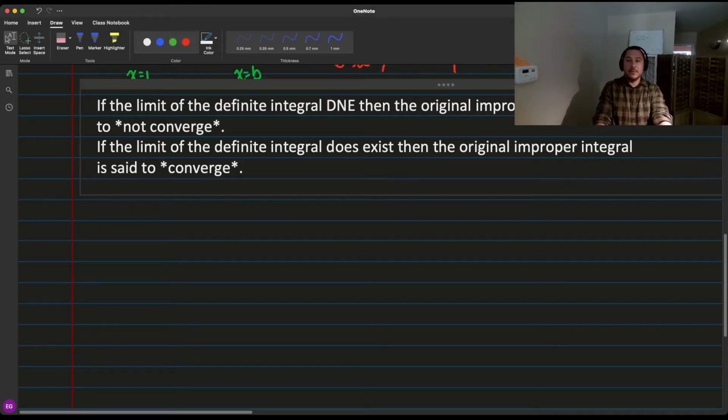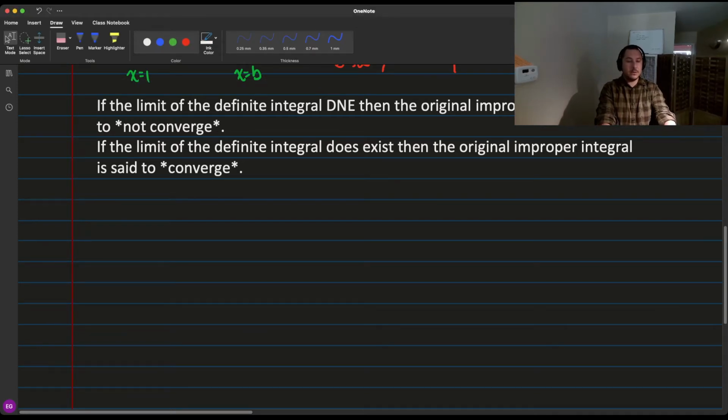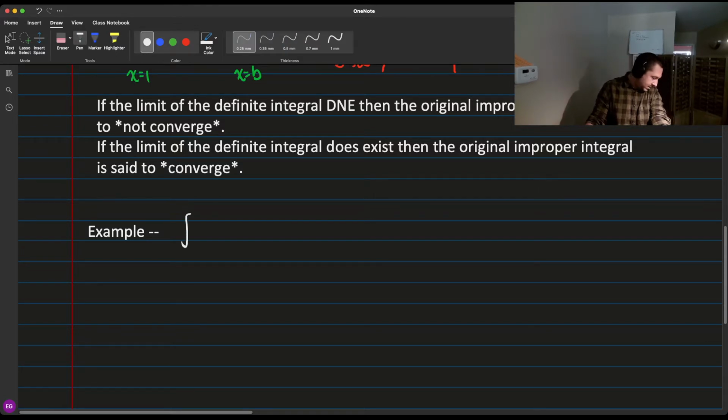So let's do an example where it does converge. Example. So let's say that you wanted to calculate the integral from, let's do 1 to infinity of 1 over x squared.